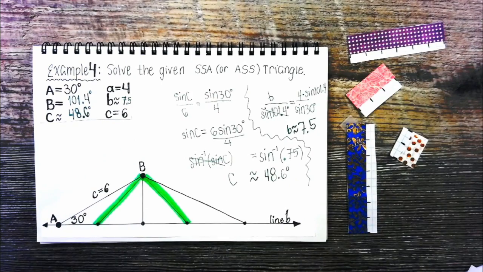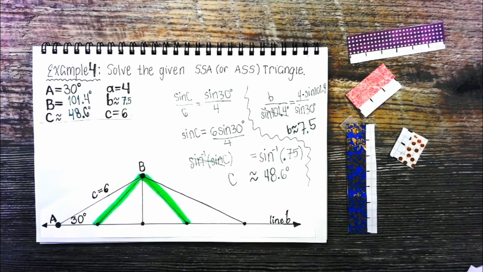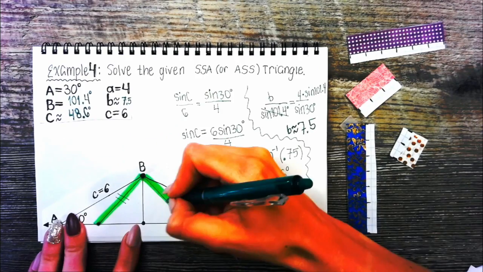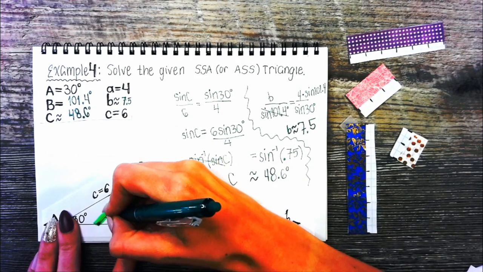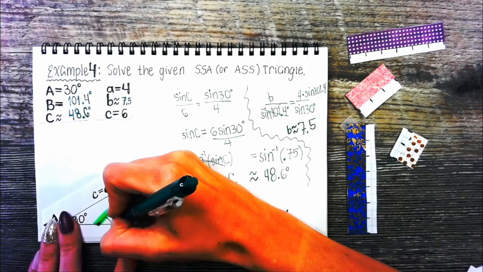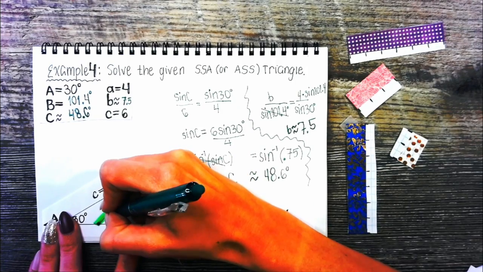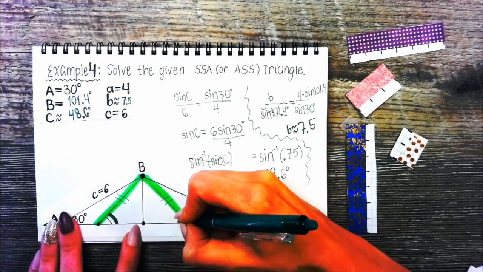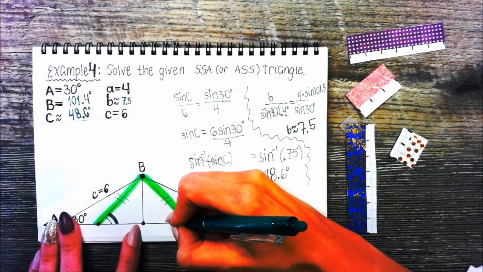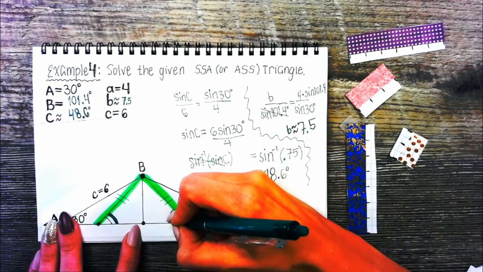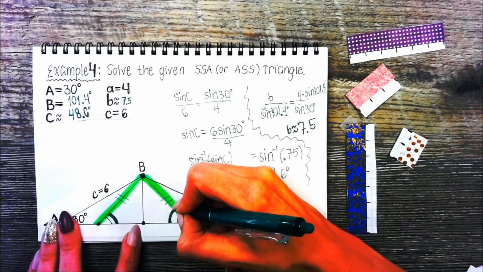Now I'm swinging it in, showing where it would potentially land, and I'm going to highlight both of these side lengths in green because it's important that we realize that these two possible placements create an isosceles triangle. Isosceles triangles possess certain characteristics that we are quite aware of, most importantly being that the two base angles are congruent. One base angle we are aware of is 48.6. That means the other base angle is obviously also 48.6 degrees.